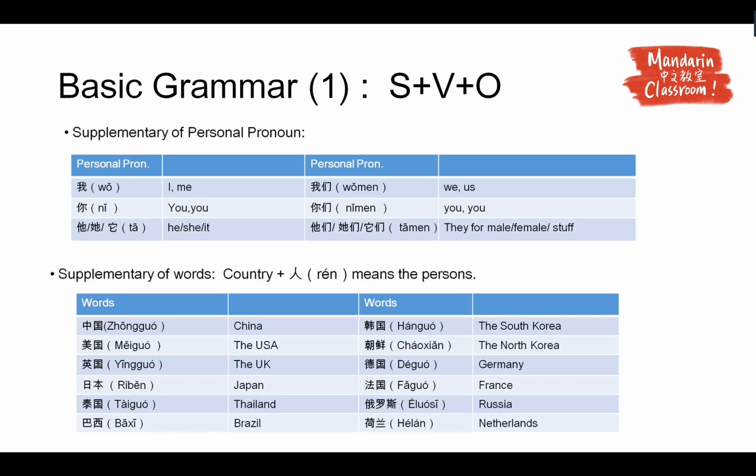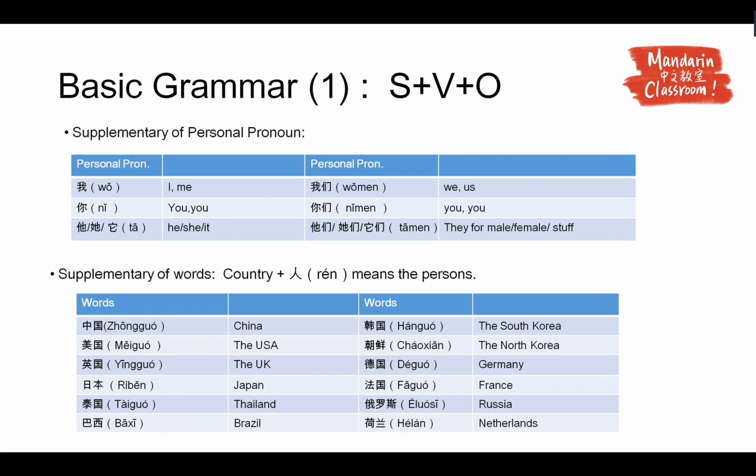And next, there are some supplementary words for this grammar. It's a personal pronoun. So you could see the Chinese characters and the pronunciation, and on the right is the English meaning. So actually, they're easier than English for remembering because you don't need to change them according to the meaning.